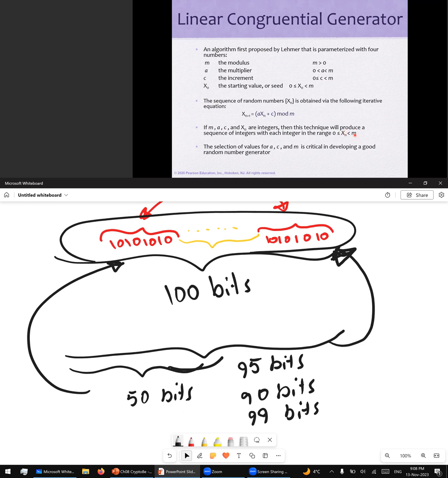For instance, if m is 10, xn will only be 0, 1, 2, 3, 4, 5, 6, 7, 8, and 9. So it won't be hard for the adversary to pick out the random values that were generated. Whereas if m is 1,000, then it's much harder for the adversary. So there's some criteria here that has to be satisfied. But like I said, I'm not going to go too far into it, because we'll go off track, and we don't want to do that.